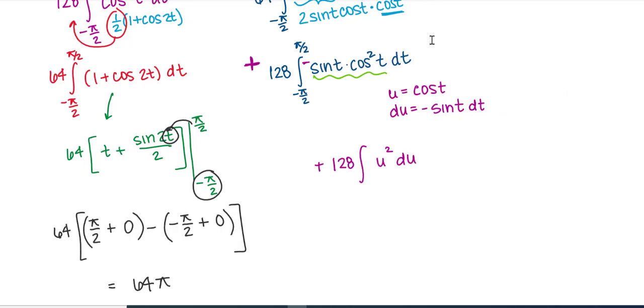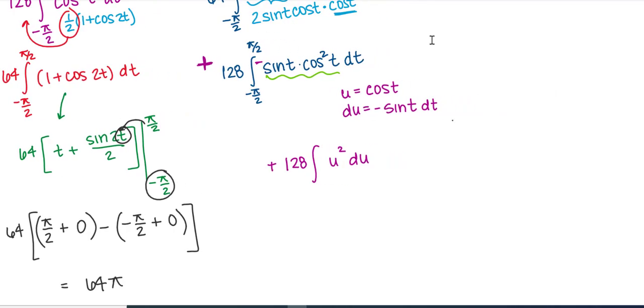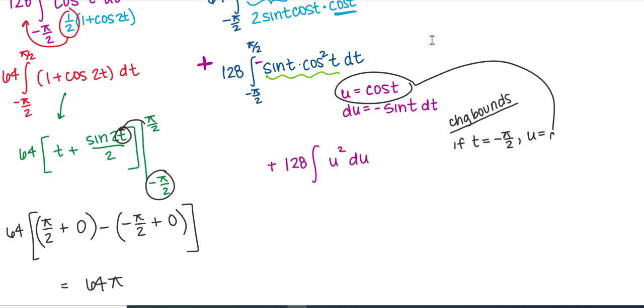But here's the tricky piece of this. If you go through and change your bounds, like we always do, right? If t equals negative pi over 2, u was cosine of that. So cosine of negative pi over 2. Do you recognize cosine of negative pi over 2?